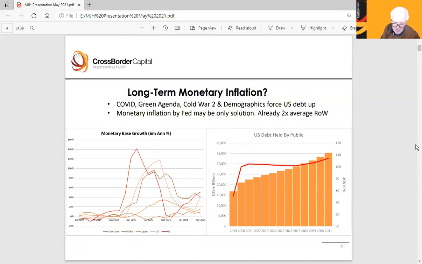So this is something that in the US is called the Treasury General Account. It was built up in the last year of the Trump administration to pretty significant levels of around about $1.5 trillion. And Biden is in the process of taking that down to circa maybe $500 billion.